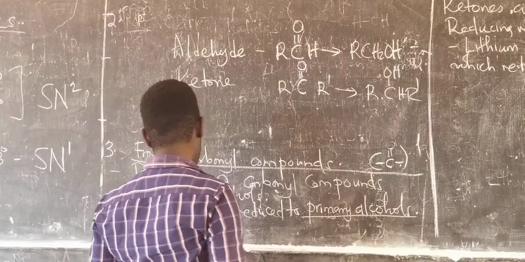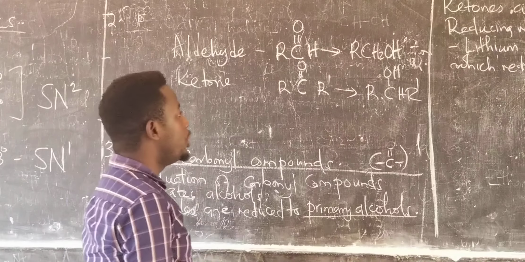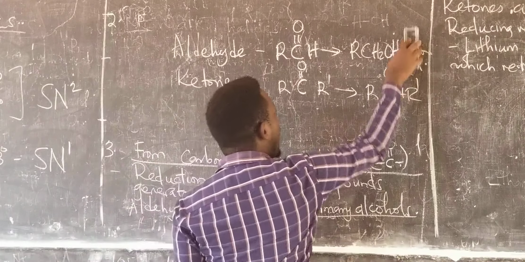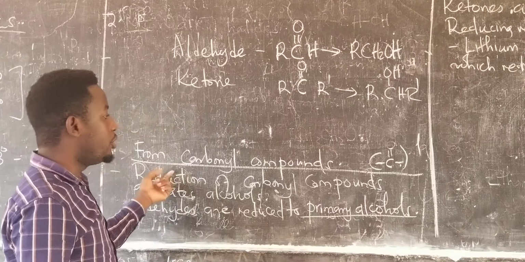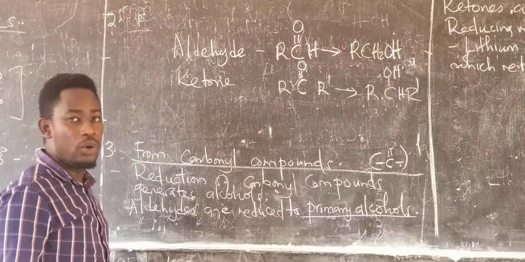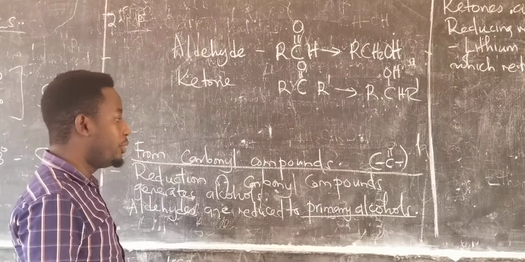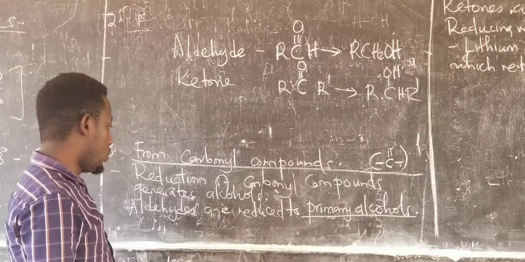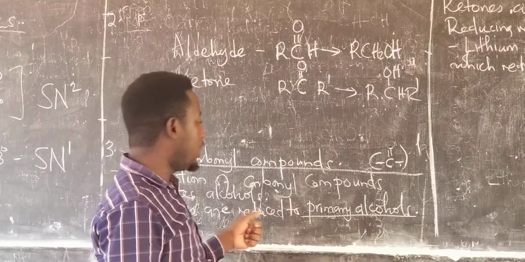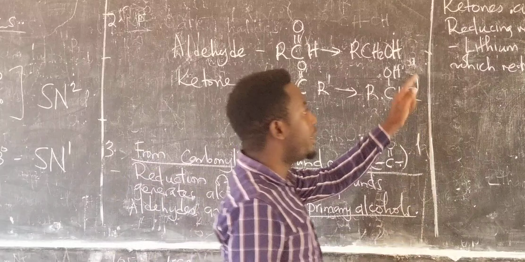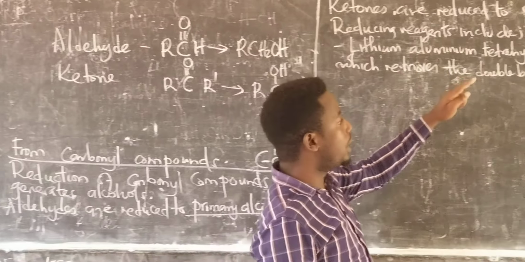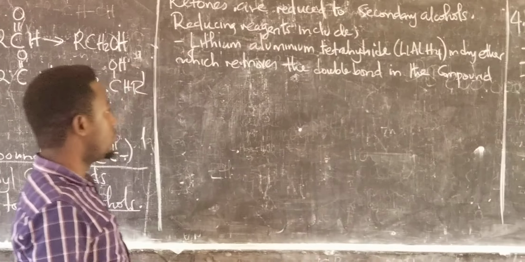So that's what we are saying. It means carbonyl compounds cannot be reduced to tertiary alcohols. So we are saying aldehydes are reduced to primary alcohols. Ketones are reduced to secondary alcohols.